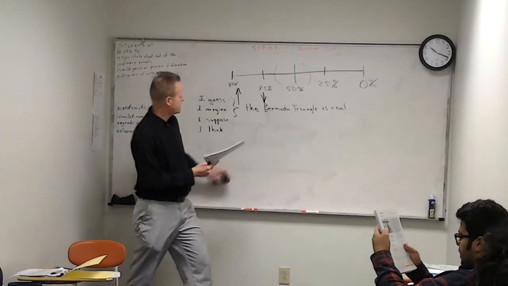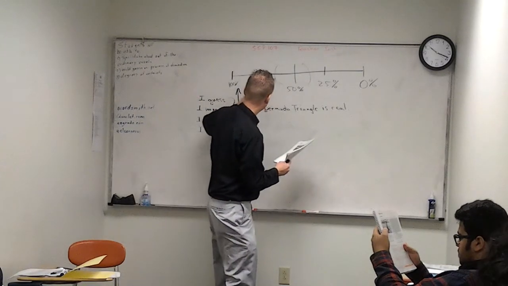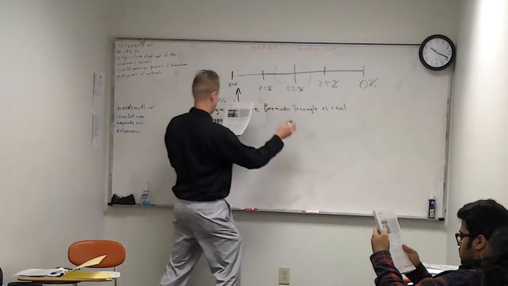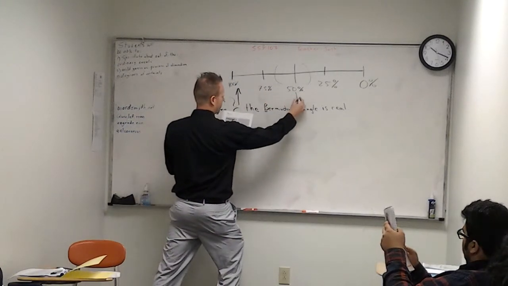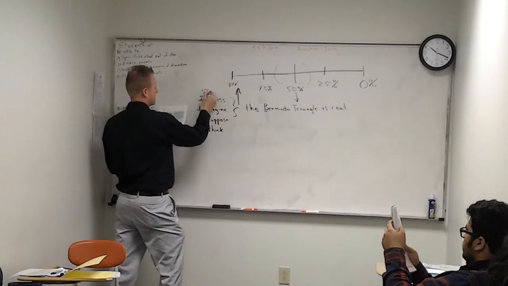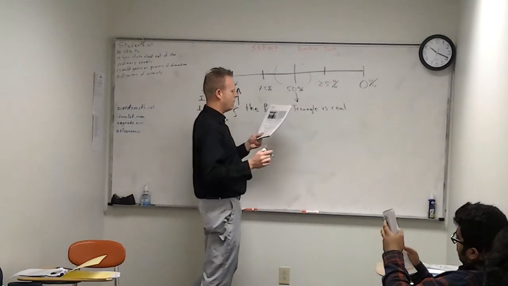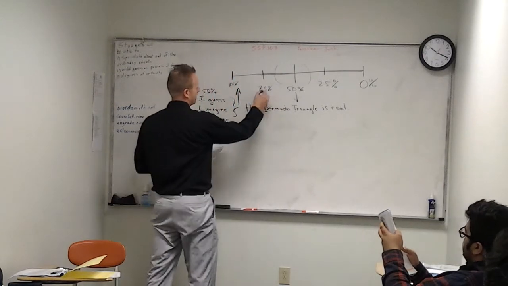So for somewhat certain, it's kind of a little thing, but it actually is important. Somewhat certain is right here, 50%. Now, if I want to say almost certain, that's going to be over here, 75.